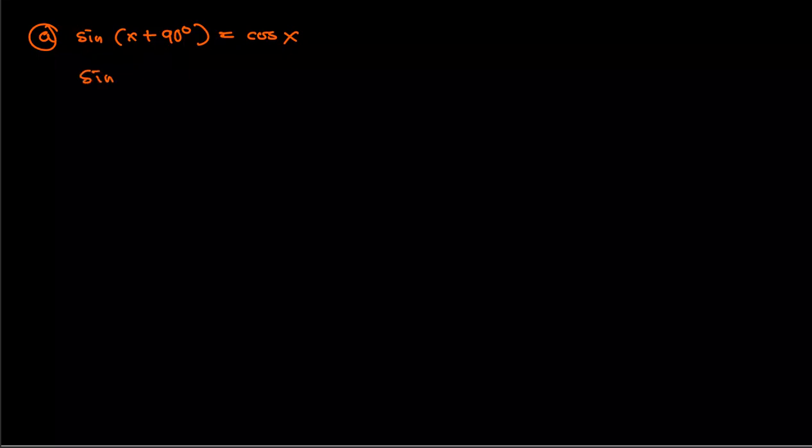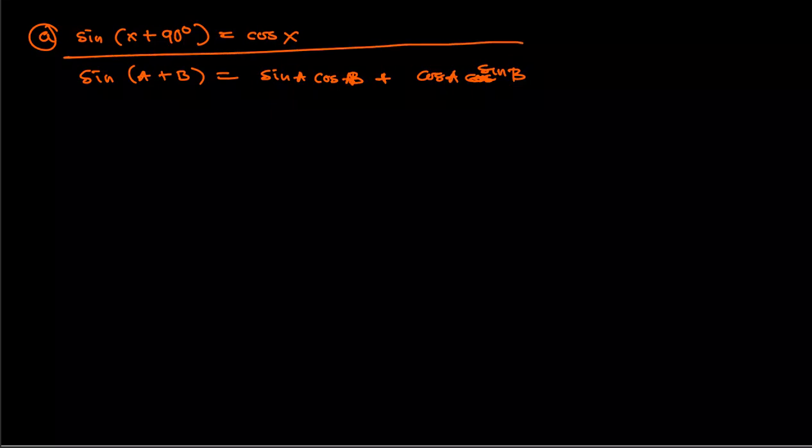Sine (A plus B) is equal to sine A cos B plus, because sine doesn't change the sign, cos A sine B. This is the double angle identity for the sine function when we are adding.